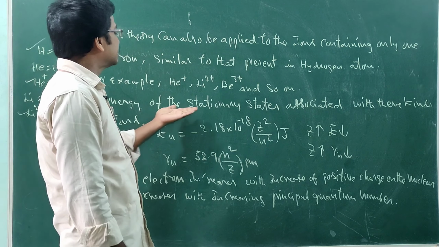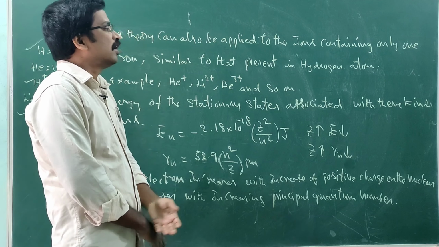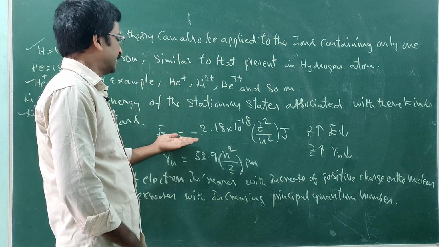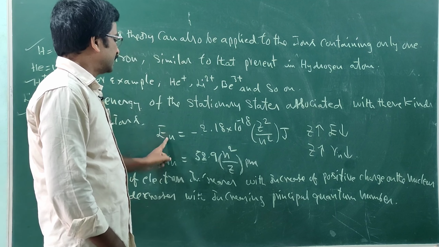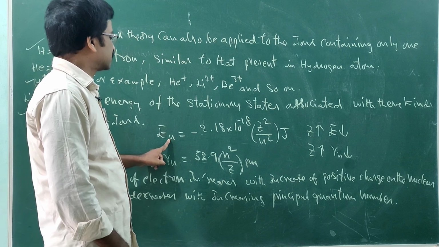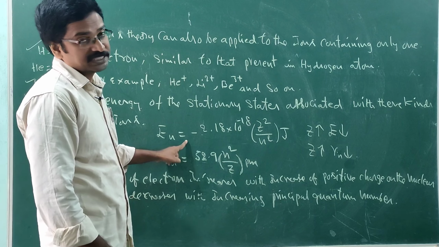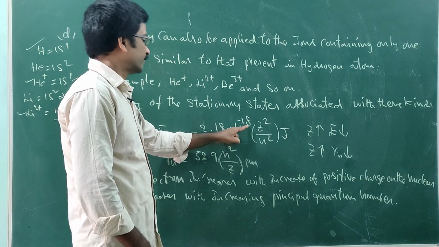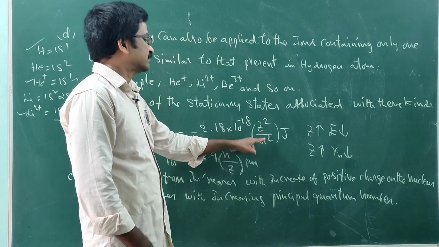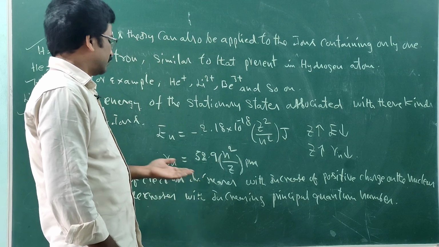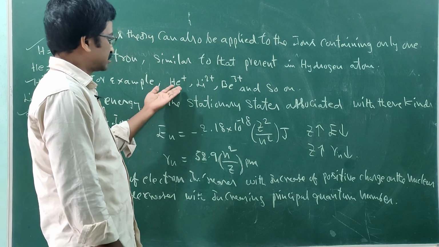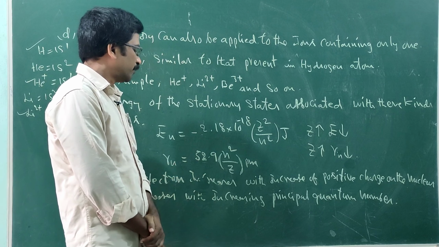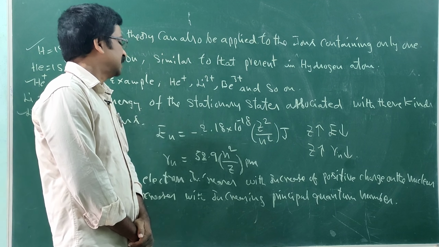Then the energy of the stationary states for these ions is written as minus 2.18 into 10 to the power of minus 18 Z square by n square joules. Similarly, the radius equation for these ions is Rn equal to 52.9 n square by Z pm.